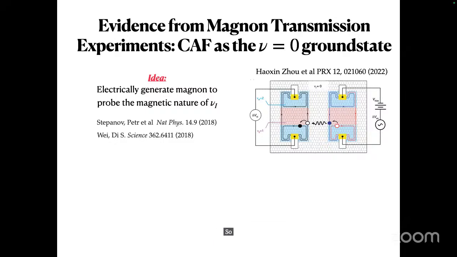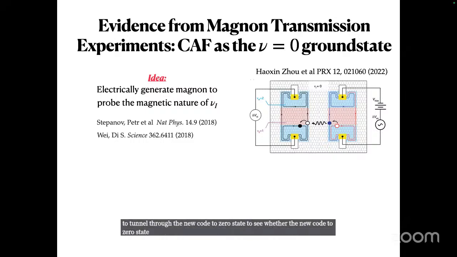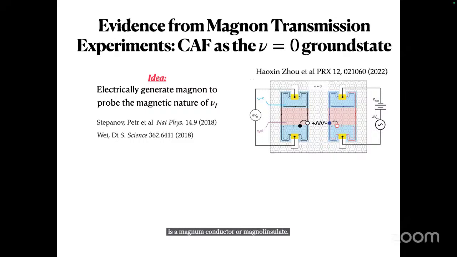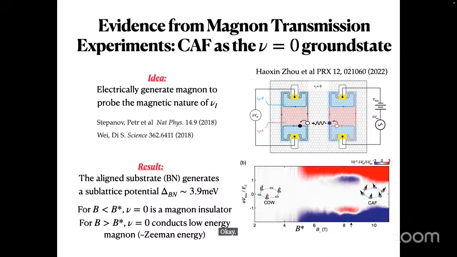The idea is that they can create edge states that have opposite spin polarization, and electrically generate magnons to tunnel through the nu equal to 0 state to see whether the nu equal to 0 state is a magnon conductor or magnon insulator. And this is what they found.